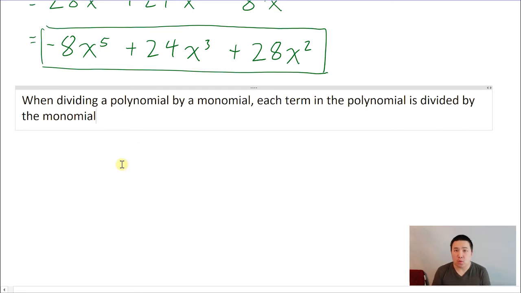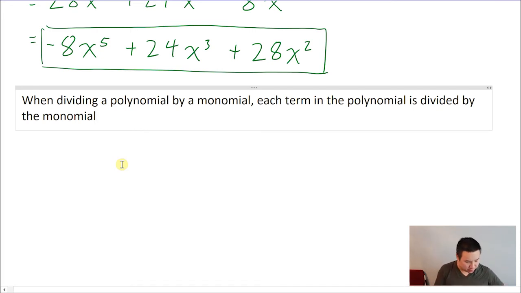Okay? So much like multiplication, every term in the polynomial gets multiplied by that single term monomial. When we're dividing, we do the same thing. Each term in the polynomial gets divided by that one term monomial.